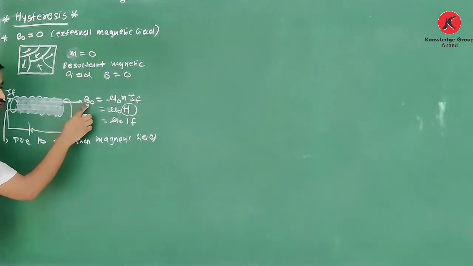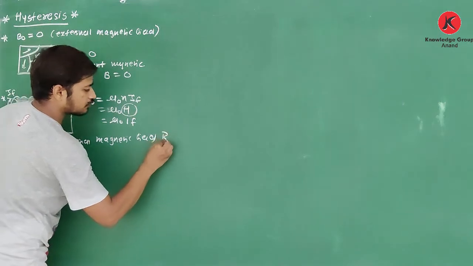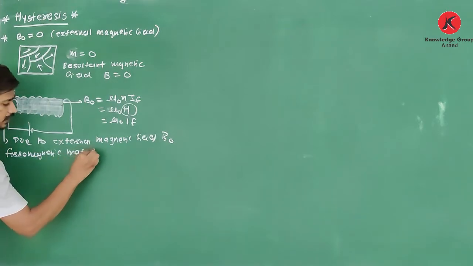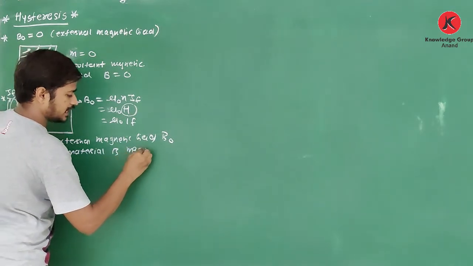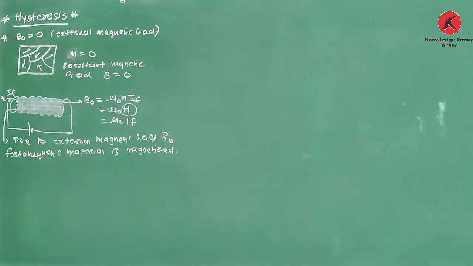So this magnetic field is called the external magnetic field for the ferromagnetic material. Due to the external magnetic field B0, the ferromagnetic material is magnetized. Clear about this?